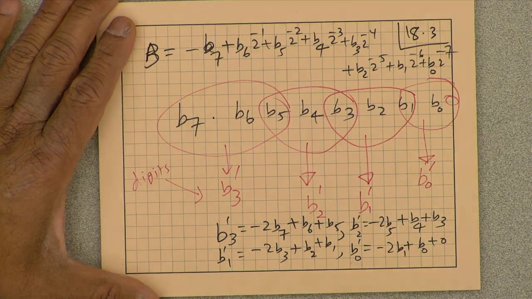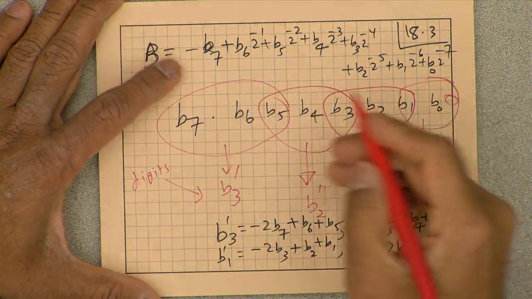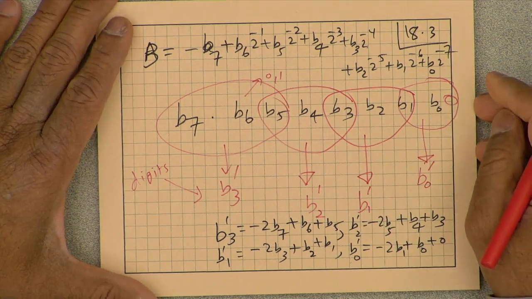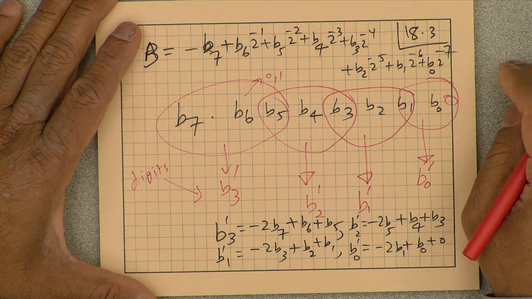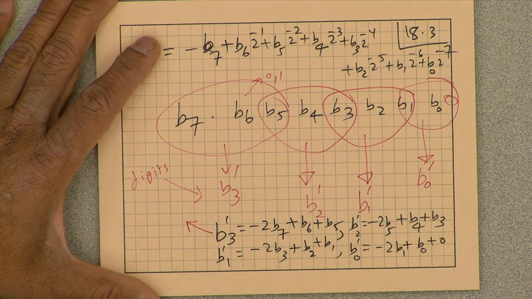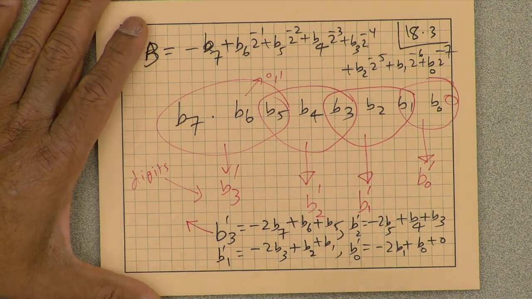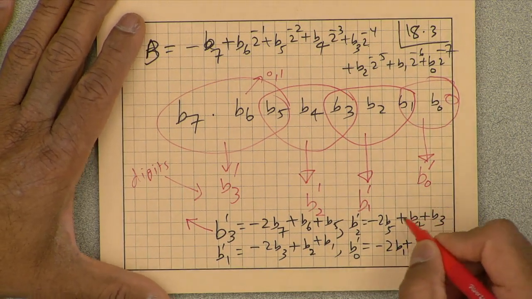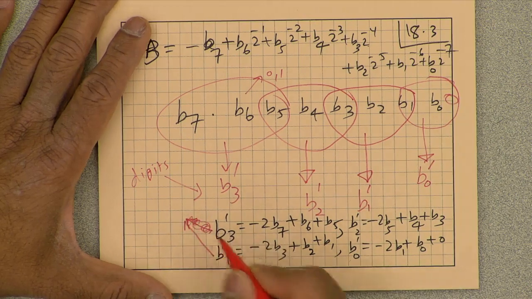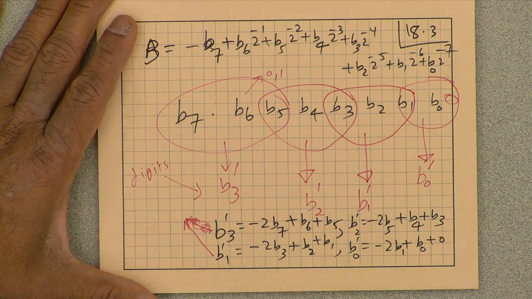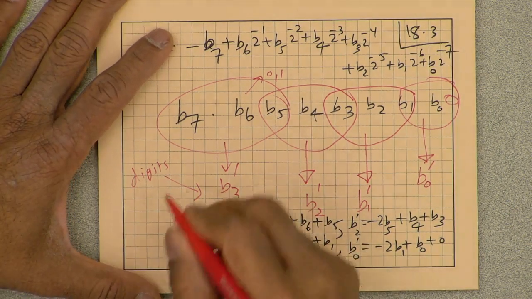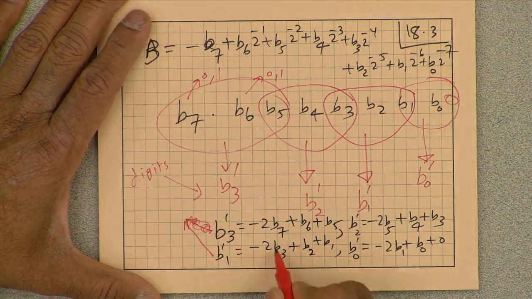Now each of these bits is either 0 or 1. B6, for example, is 0 or 1. What is the dynamic range of each digit? Let's say B1 prime. Each of these bits is 0 or 1, so just plug in 0 or 1.